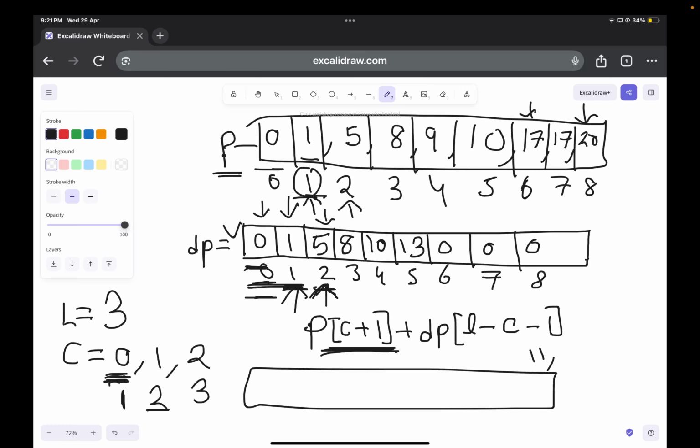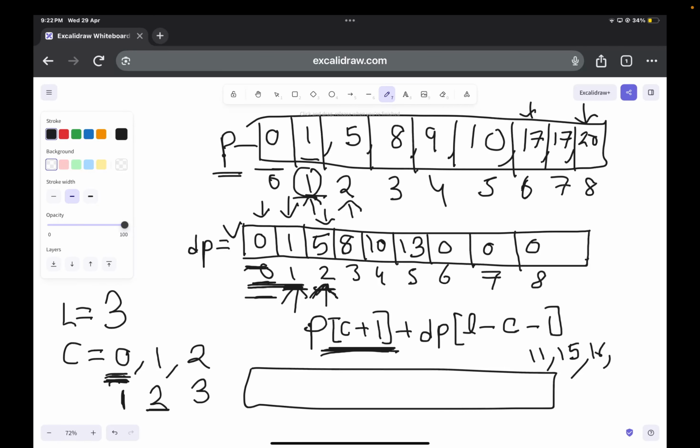Now if I cut 6 into 2 and 4, what is 2 plus 4? 2 is 5, 4 is 9. 5 plus 9 is 14. Now if I cut into 3 and 3, then it is 8 plus 8, 16.